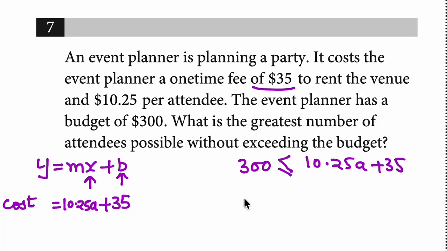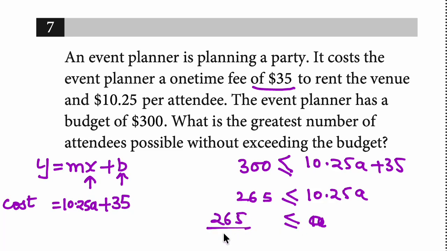Let's subtract 35 out of it. So it is 265 less than or equal to 10.25a. So dividing by 10.25 on both sides, 265 over 10.25.